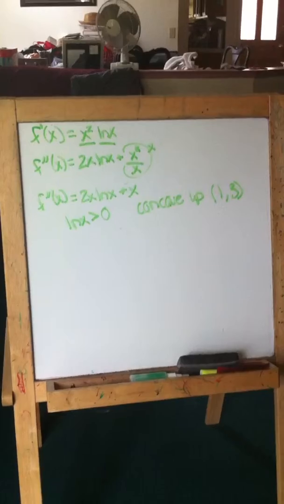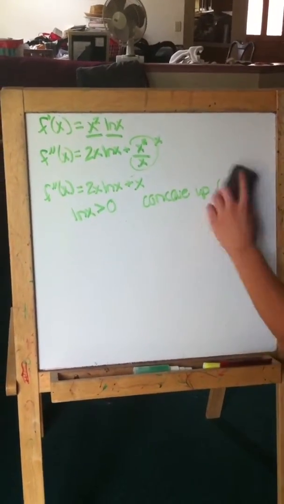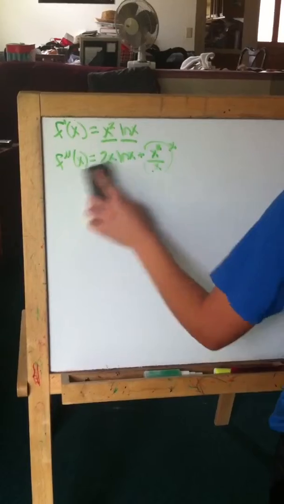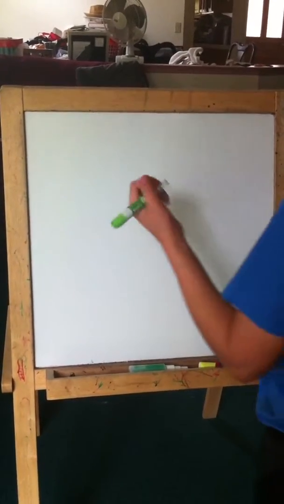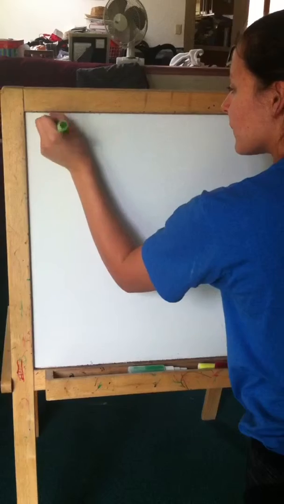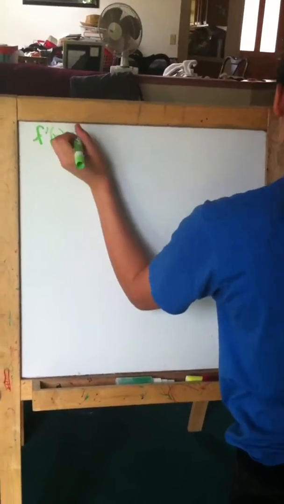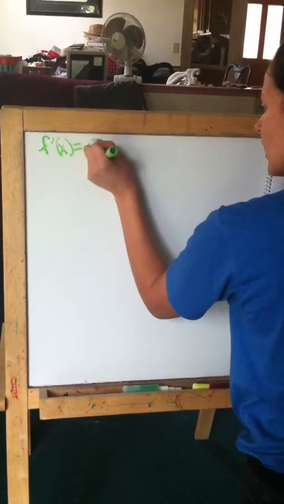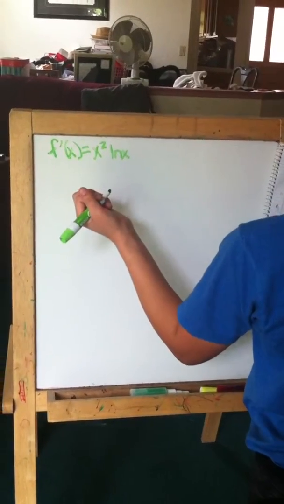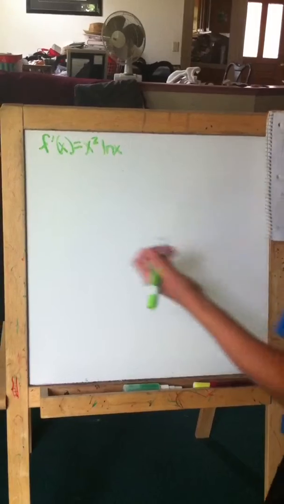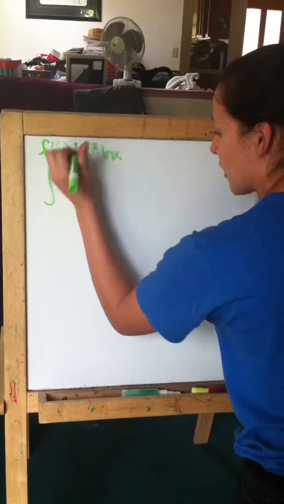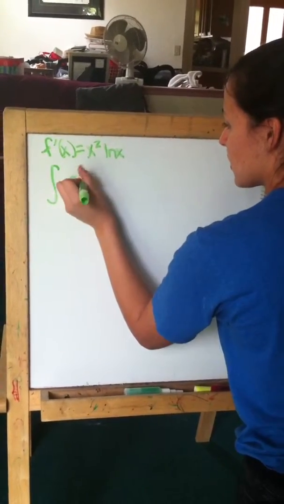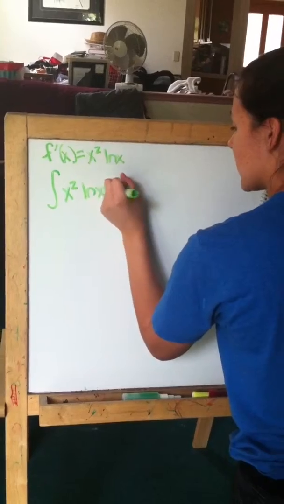And the final part, C, is use anti-differentiation to find f of x. So you have f prime of x equal to x squared ln x, and you want to take the integral of f prime of x, so the integral of x squared ln x dx.